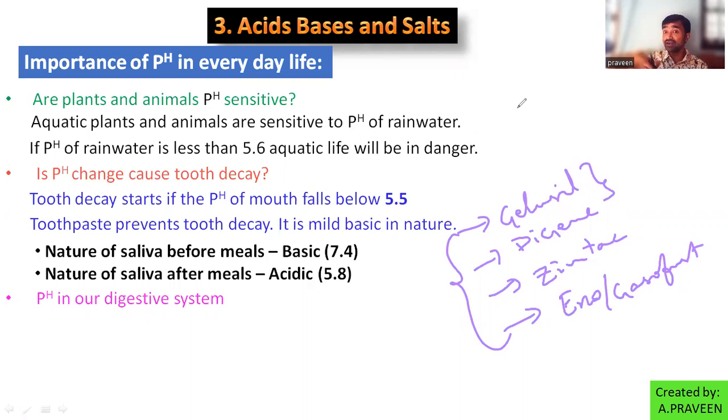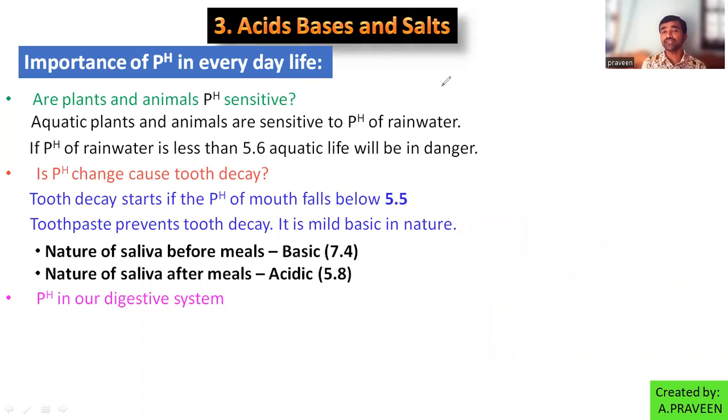So that base is already mixed into the food and allowed into your intestine, so the concentration of HCl decreases and is modified to a suitable value. So that is what we are doing actually. If it is not occurring naturally in your mouth, then consume antacids. So this is about your digestive system.